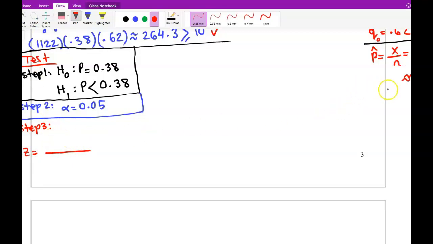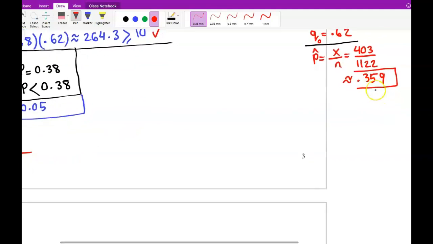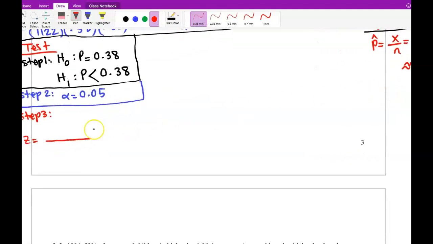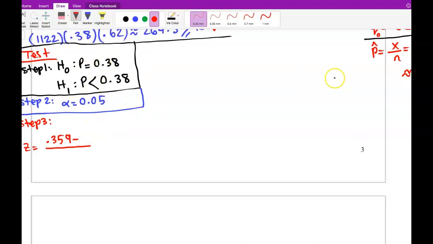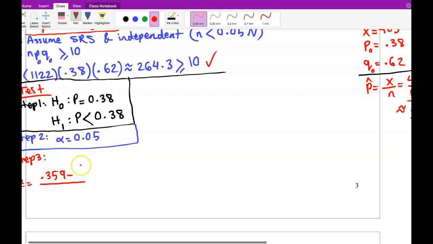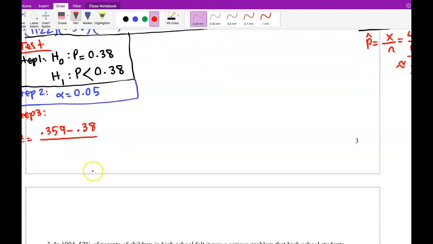P hat from this part we got 0.359, minus p0 is 38%, divided by the square root of p times q divided by n.